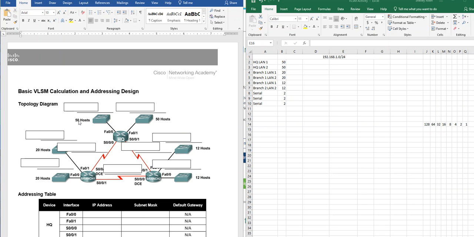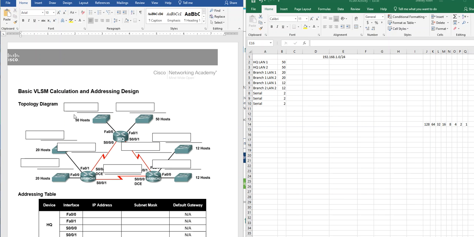Now, why do we need to change the subnet masking when you have different hosts? Well, when you're using traditional subnetting, all networks have to use the same mask. That works great if you have the same number of hosts across all your LANs.